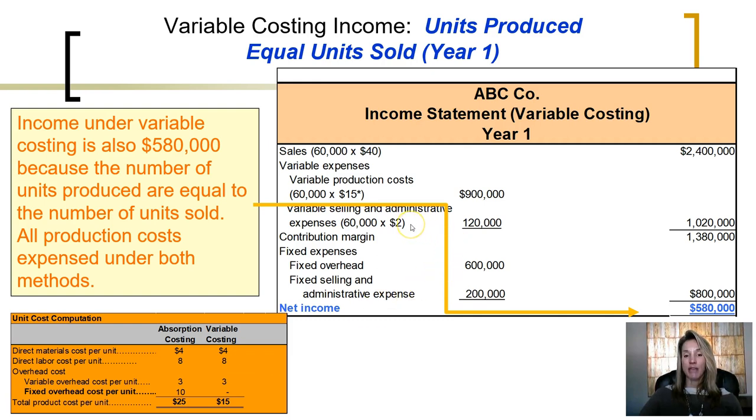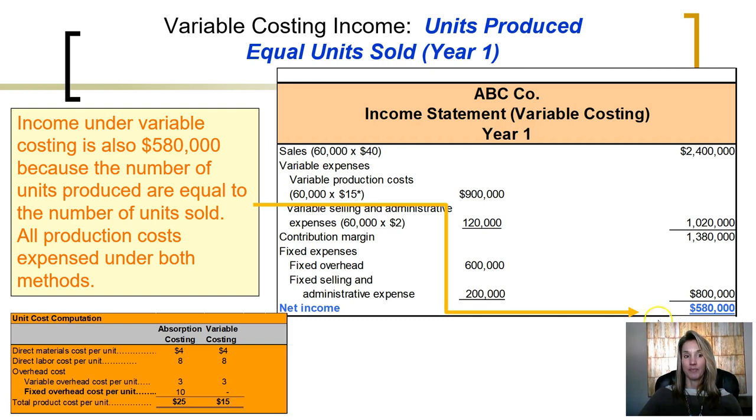Then we would subtract out the variable selling and admin to get total variable cost of $1,020,000, contribution margin of $1,380,000. We would then subtract out our fixed cost. Our fixed overhead, which you recall was $600,000, and our fixed selling and admin, resulting in a net income of $580,000.